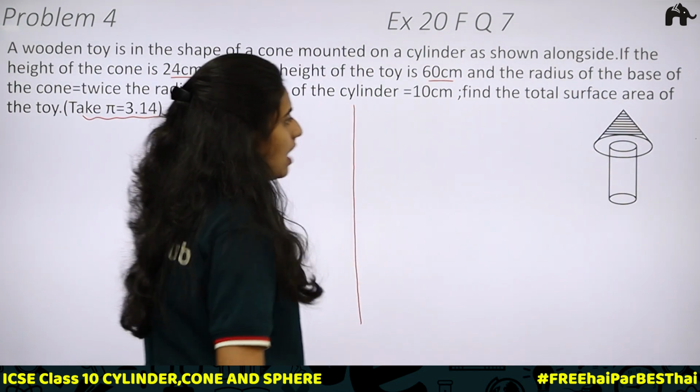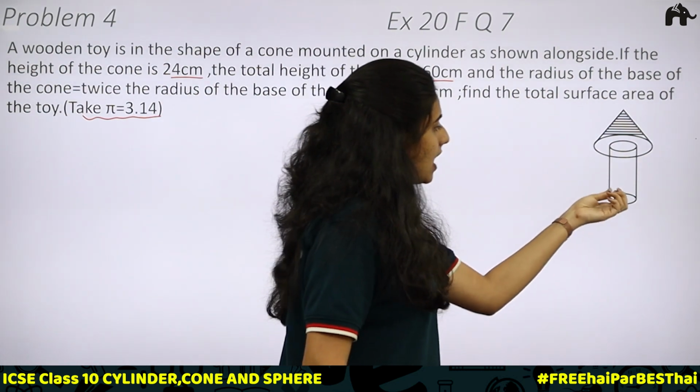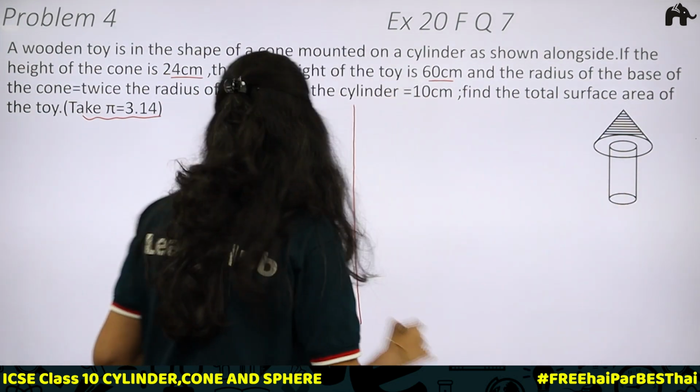Let us take capital R as the radius of base of cone and small r as the radius of base of cylinder.